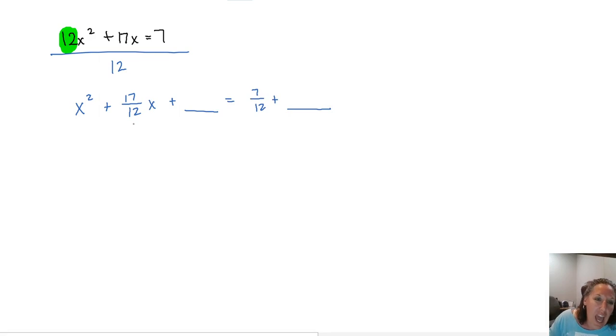We're going to take half of that middle coefficient, 17 over 12. So 17 over 12 times 1/2 is going to be 17 times 1 is 17, 12 times 2 is 24. So we're going to get 17 over 24.